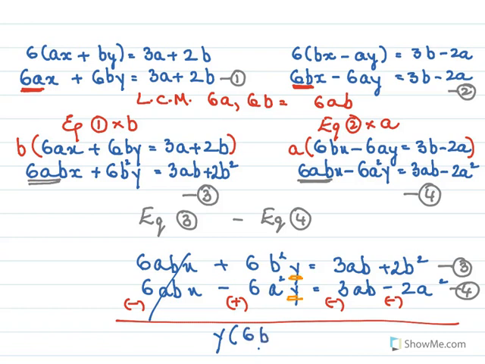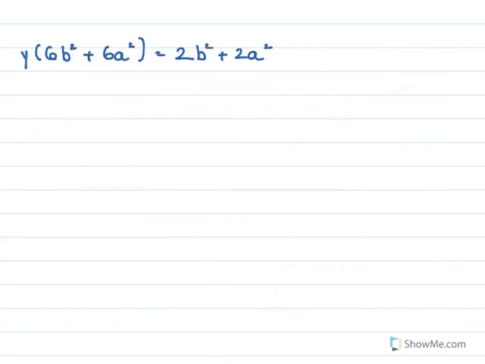What will remain inside is 6b square plus 6a square equal to plus 3ab minus 3ab will cancel out, and here I'll have 2b square. Here the minus becomes plus. I made a mistake here. So this should be now plus 2a square. So this is what we've got.